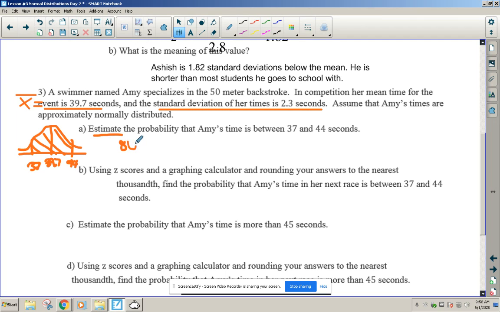Now we could also go to the normal curve from Friday, and we could label the mean, and we can actually add 2.3 seconds. So if we did that, we would add a standard deviation, and if I went one above, if this is where the z-score of 1 was, this would actually have been 42.